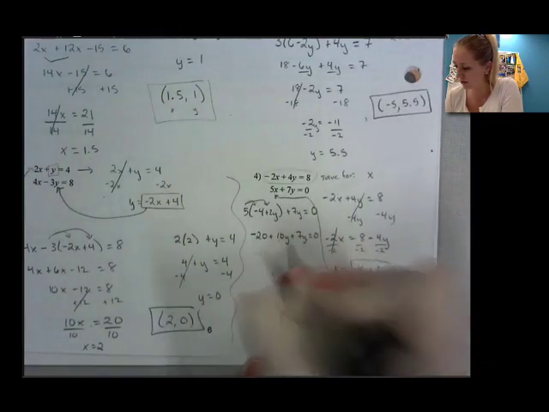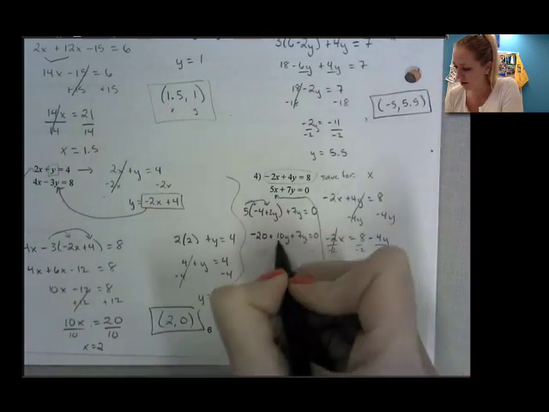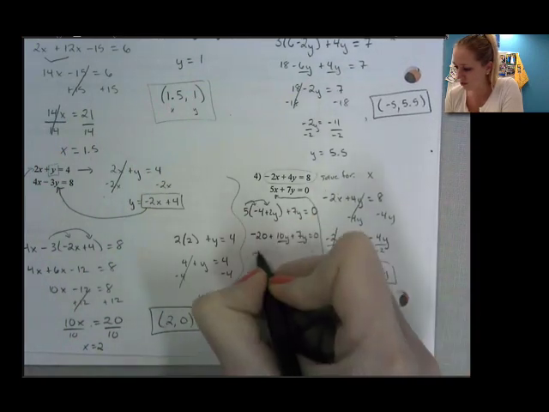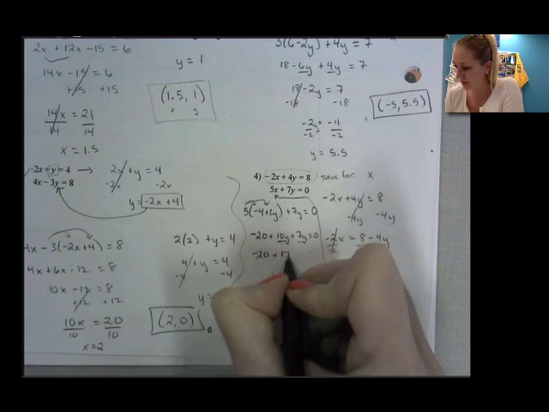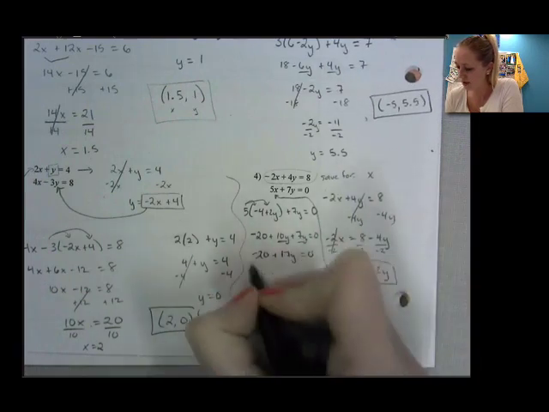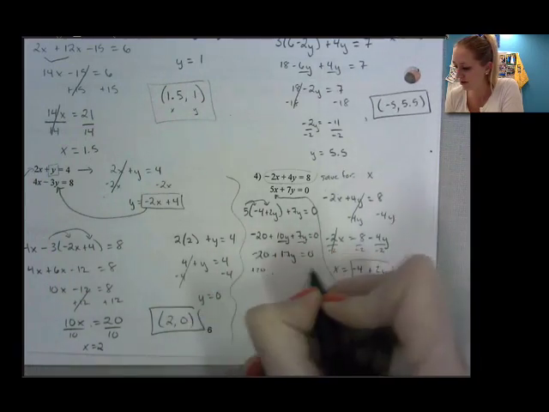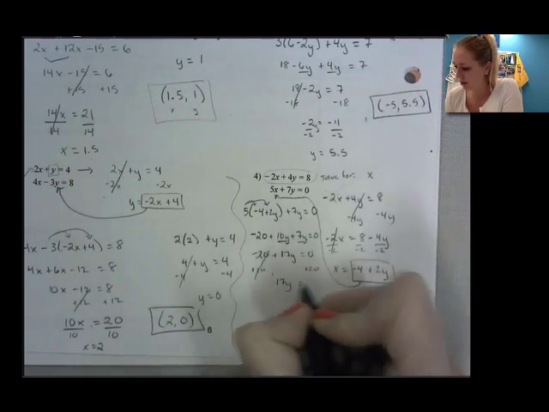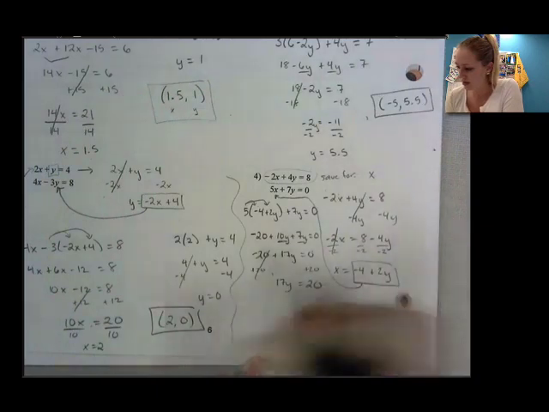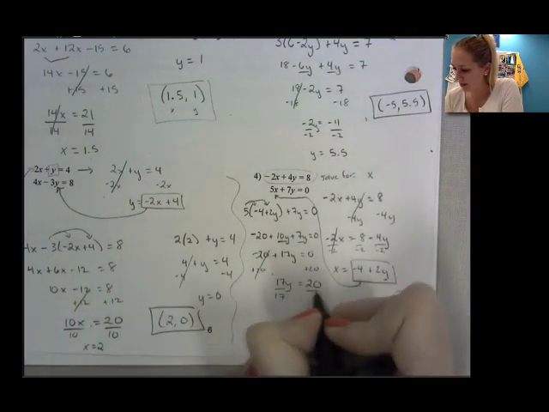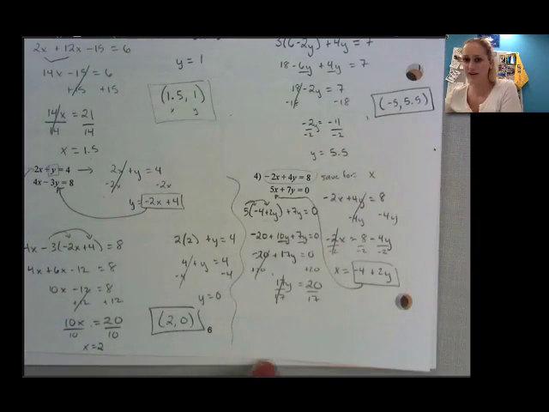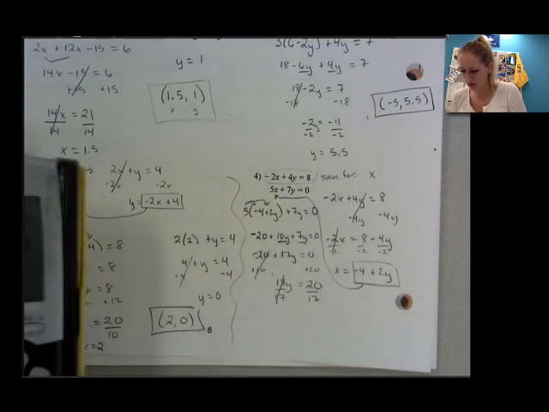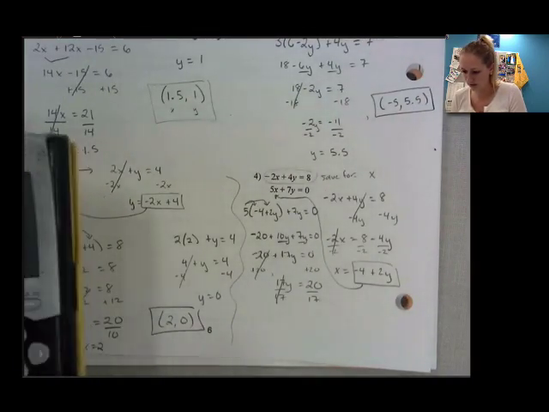These are my like terms, 10y and 7y, so I get negative 20 plus 17y equals 0. Add 20 to both sides. So I get 17y equals 20. Divide by 17. And that's not going to be a nice number, so we get 20 divided by 17.